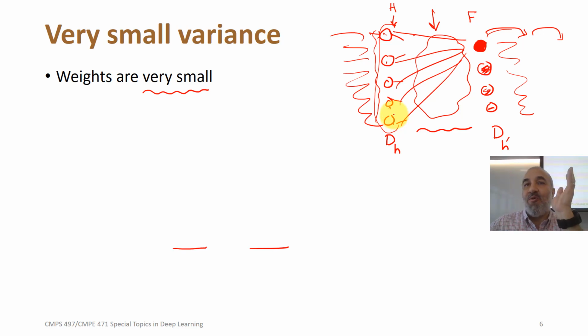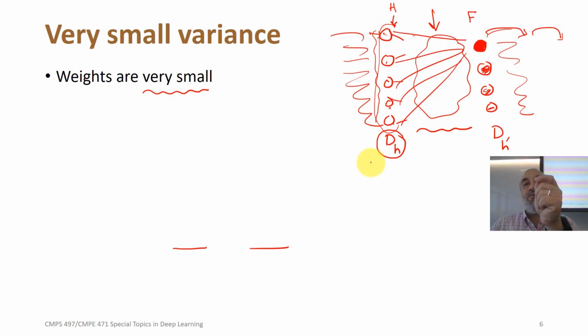If we want to keep the values within the same range, then we need to cancel out this multiplication factor. So to cancel it out, we need to divide by the number of units in the previous layer.